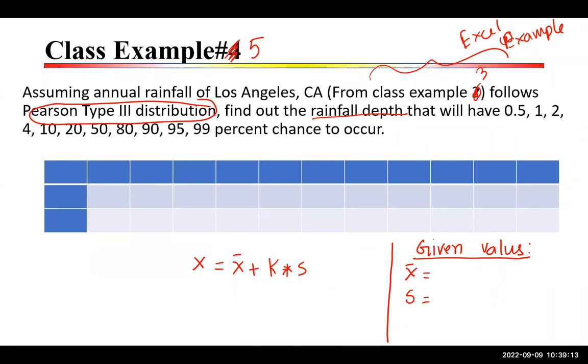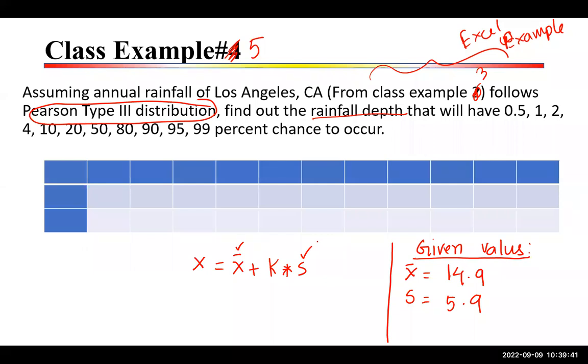What is the x bar for Los Angeles? 14.9. And what is the standard deviation you got? 5.9. Okay, so we got x bar, we got s.